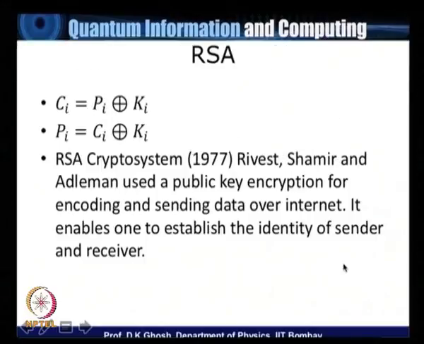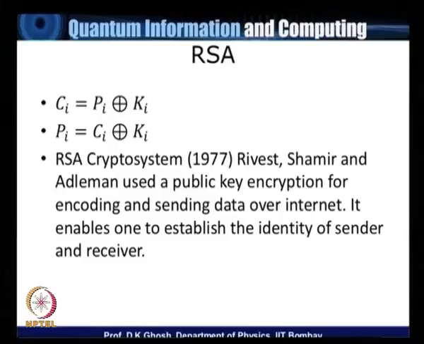So every Ci is obtained by addition modulo 2 of Pi with Ki, and I can recover Pi at the receiver's end by writing Pi equals Ci addition modulo 2 of Ki. As long as this Ki is used once and once only, no one can ever break this. So this is a one-time pad.